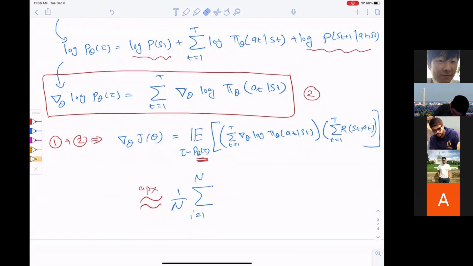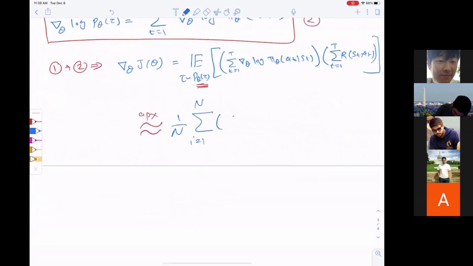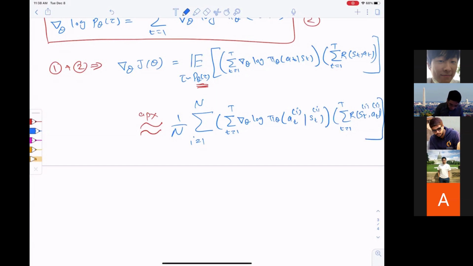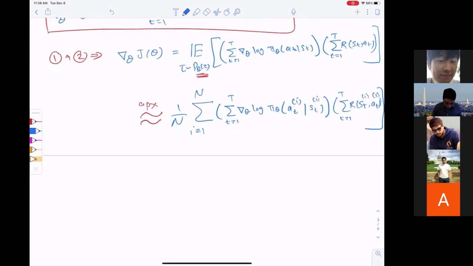So that would be the sum from t equals 1 to T of the gradient of log pi theta of A_t of trajectory i given S_t of trajectory i. So I'll look at these values for a particular trajectory, and I look at the empirical average. And that's it. That's the policy gradient method.